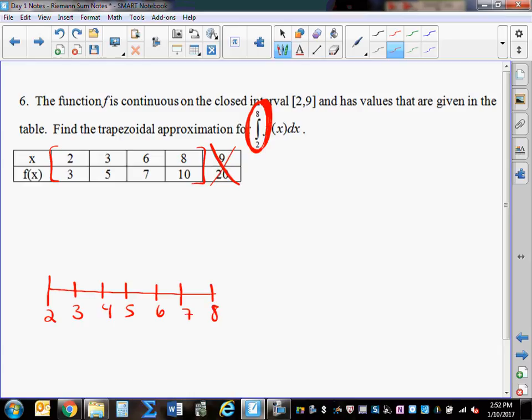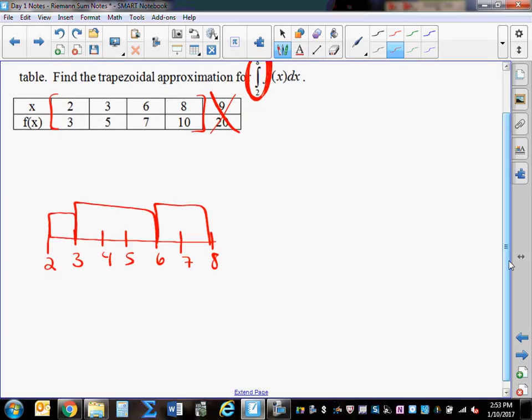So my rectangles here are from 2 to 3, 3 to 6, and 6 to 8. Okay, so again, we don't know what the function is, but we have these 3 different intervals. So when we go to do our trapezoidal approximation, we don't have the same width for each one, so just be aware of that. Alright, so let's go to a trapezoidal approximation.